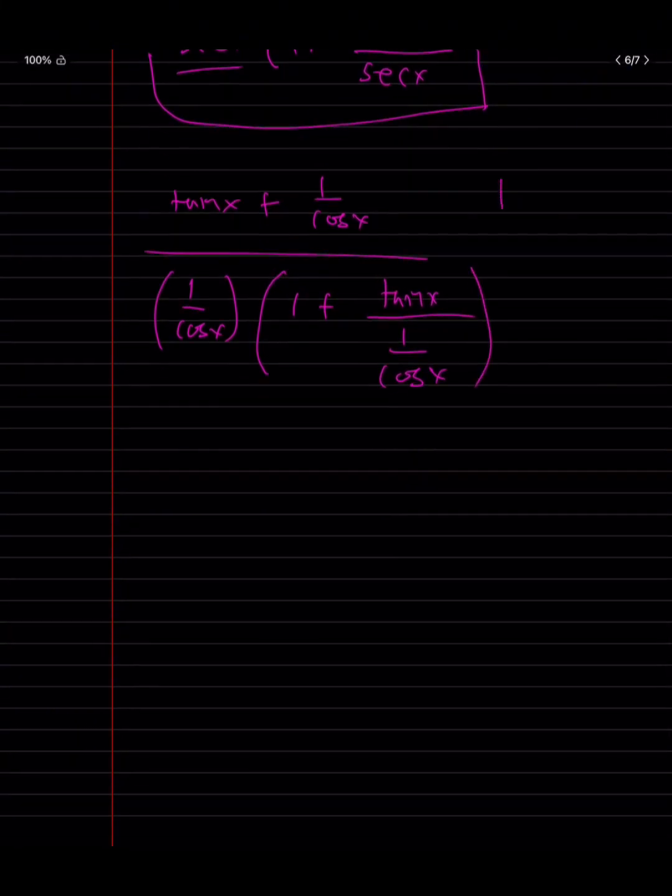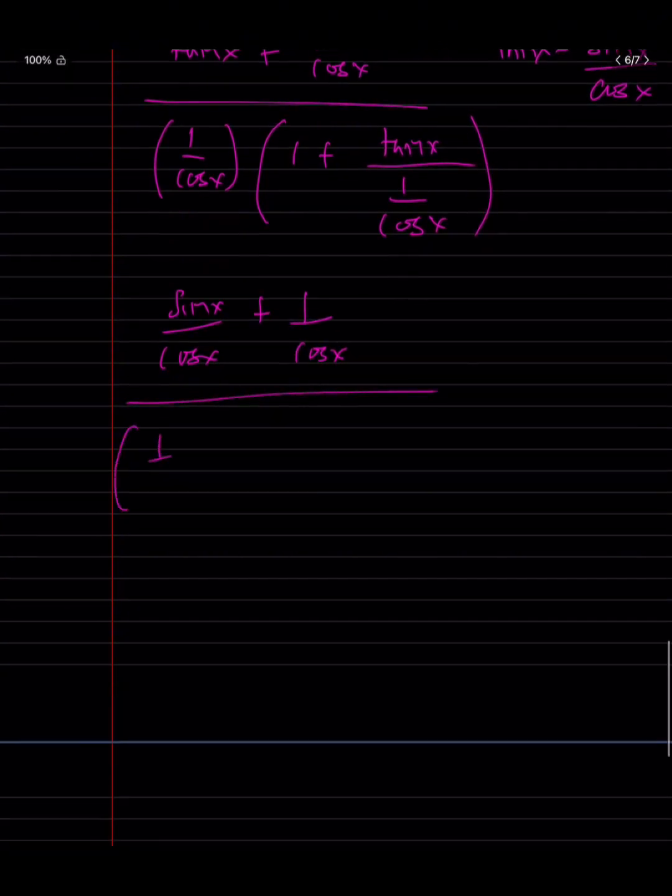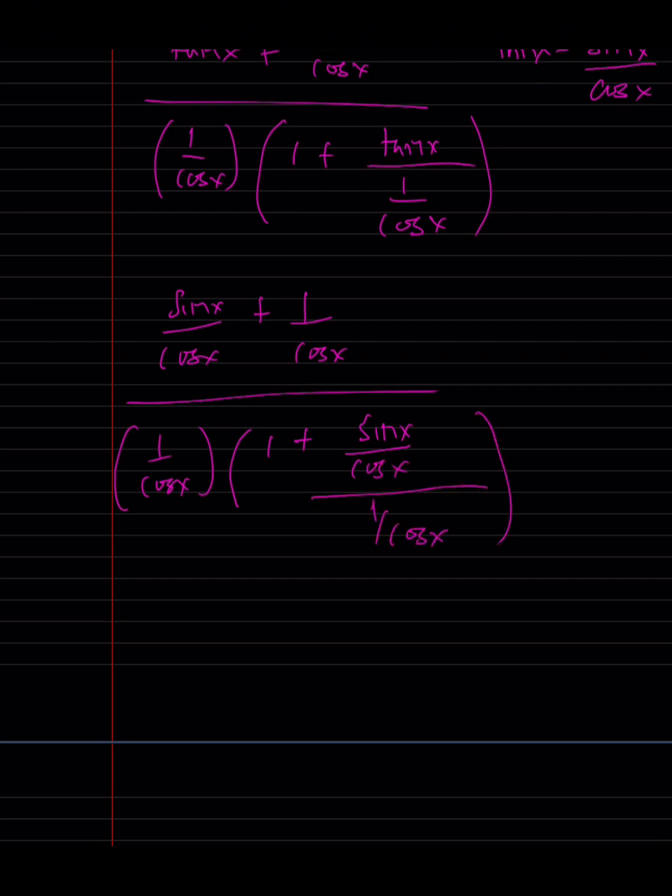We are also aware that tan x is the same as sine x over cos x. So when we replace it, we get sine x over cos x plus 1 over cos x, over 1 over cos x, multiplied by 1 plus sine x over cos x, all over 1 over cos x.